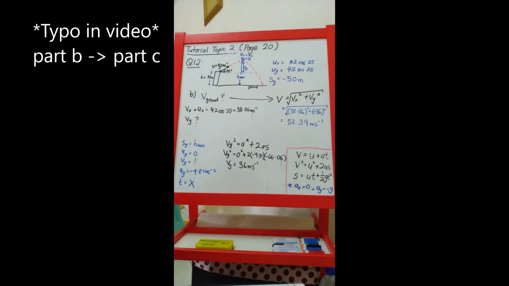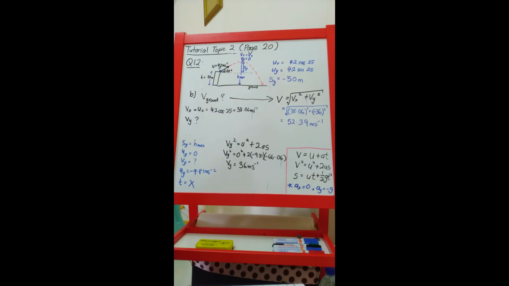Okay, for part C, it asks you what is its velocity when it strikes the ground. So the velocity here, it asks you v.